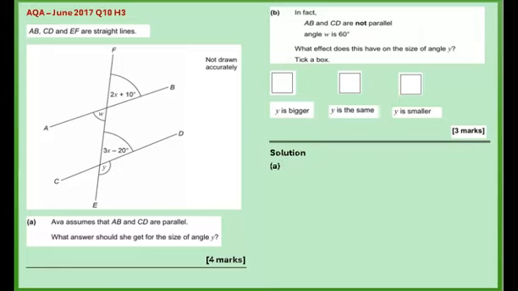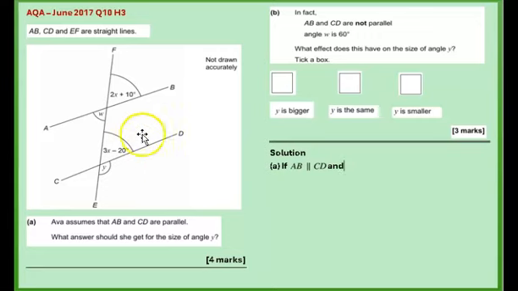It is like this. If you have two parallel lines crossed by a secant, they make corresponding angles equal. So a pair of corresponding angles are equal. That's what we are going to use here.